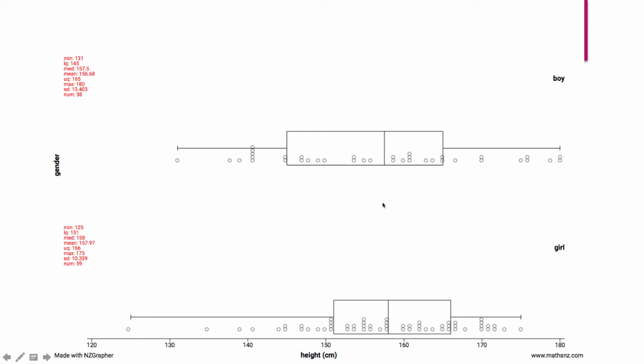One, there's not much difference between the medians, and two, when the two medians lie inside each other's interquartile range box, there's not much likelihood that there is any difference statistically between these two data sets. It can happen if this median was here and this median was here, but it's very unlikely, and that's something we need to note.